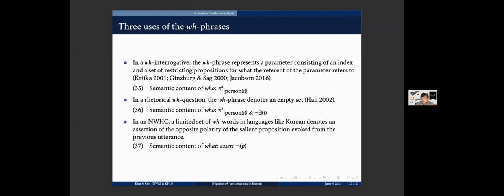So for example, the wh-phrase who can be interpreted roughly as no one in rhetorical wh-questions. And in NWH constructions, we assume that the wh-phrase denotes an assertion of the positive polarity of the salient proposition evoked from the previous utterance. So that asserts not P here.